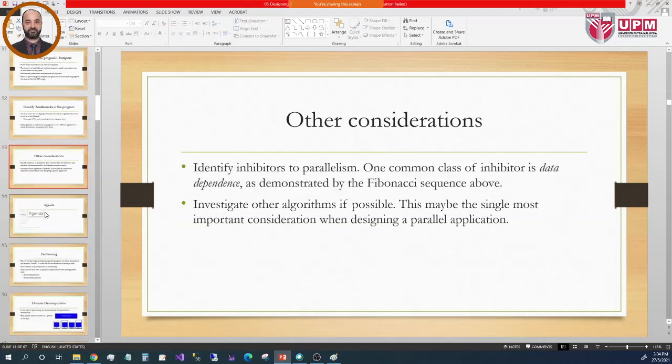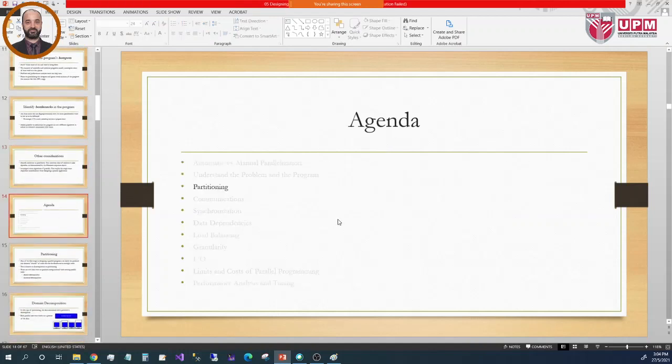Otherwise you may waste your time, the time of the organization, and money. In real life, let's say you are hired in a company, and you tell them that your program could be changed to parallel and the performance will be improved. Then your boss becomes very happy, supports you, pays 10,000 ringgit, and hires some new staff to help you in the team to make the application parallel.